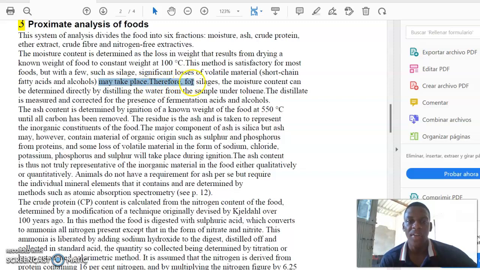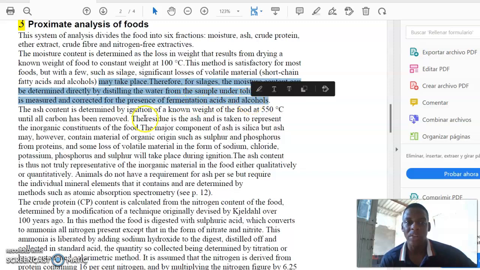Therefore, for silages, the moisture content can be determined directly by distilling the water from the sample under toluene. The distillate is measured and corrected for the presence of fermentation acids and alcohols.